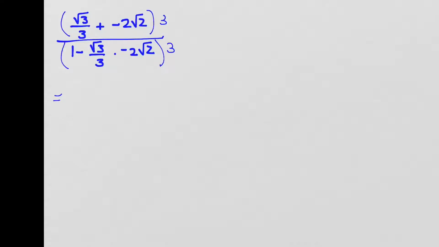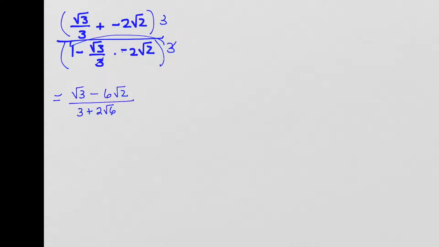So now I have square root of 3 minus 6 square root of 2 over, and then 3 times the 1 gives me 3. And this 3 is going to cancel out with that 3 in the denominator. 2 negatives make a positive, and it's going to be 2 times the square root of 6.